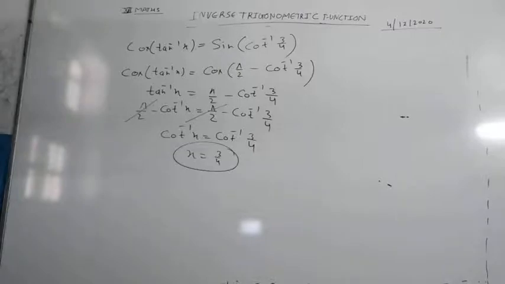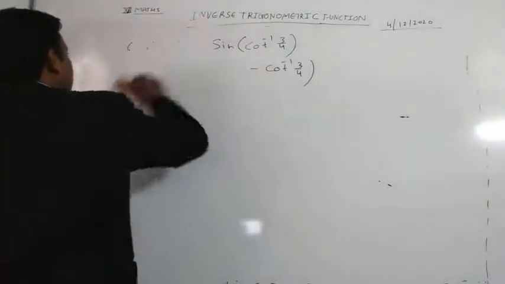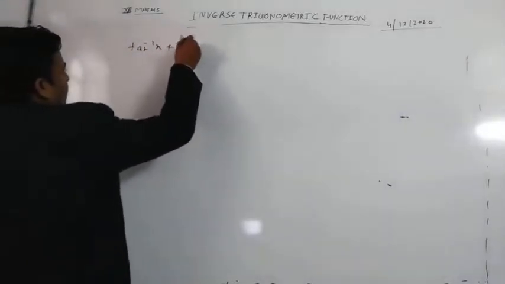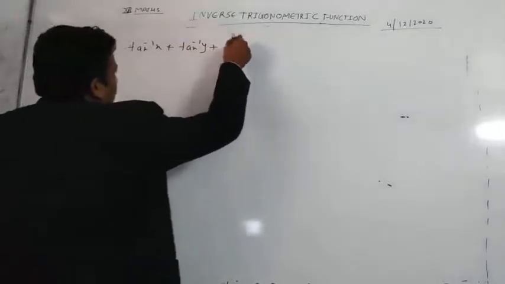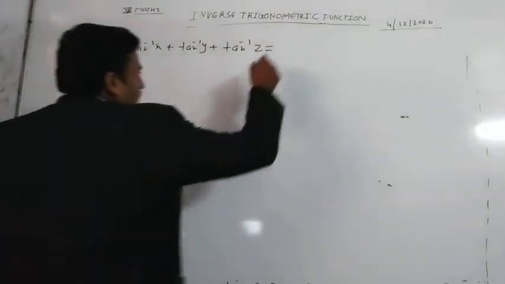So the next question is: tan inverse x plus tan inverse y plus tan inverse z is pi by 2.